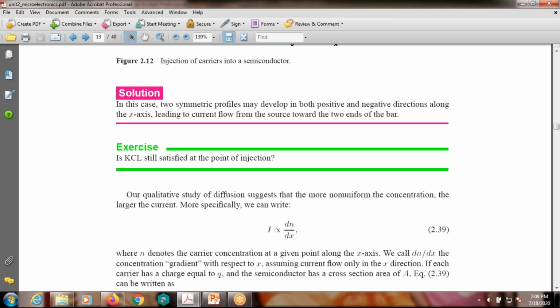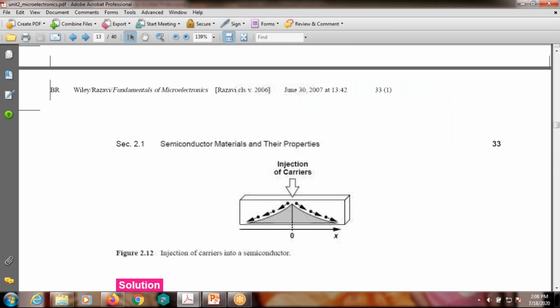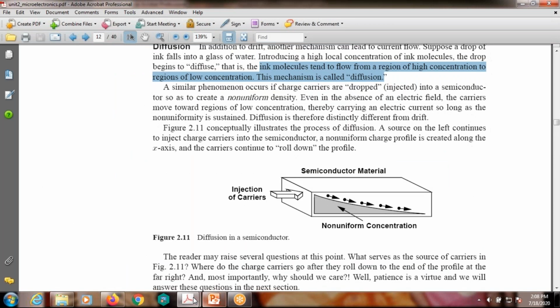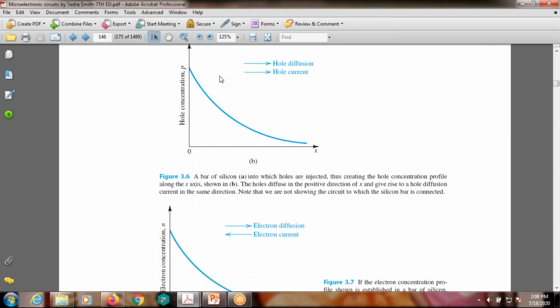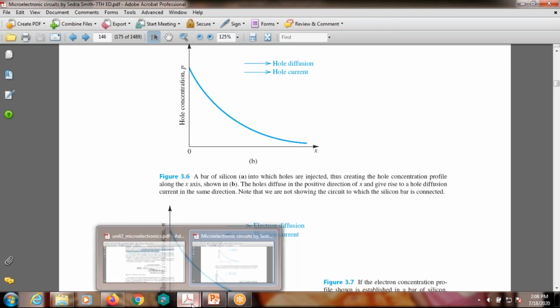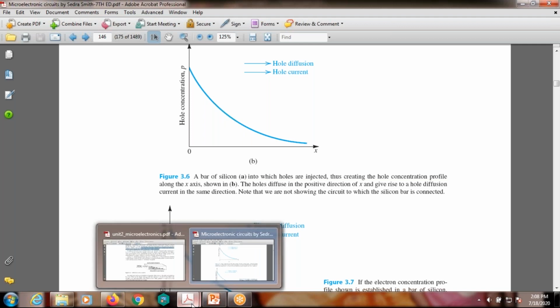Now, what about the current? Charge carriers are moving from high concentration to low concentration. Due to this, a current results. Then how do we calculate the resultant current? By using the diffusion mechanism.